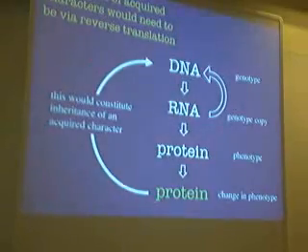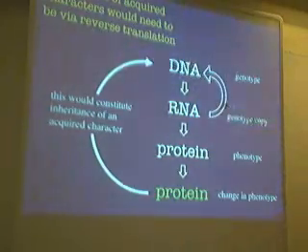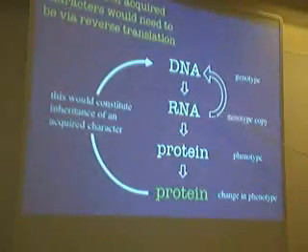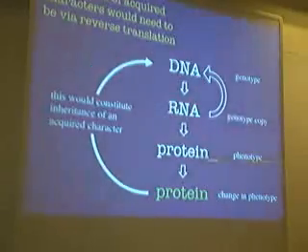Now, it's been pointed out that in order for Lamarckian inheritance to work in the molecular sense, what you would need is something like this reverse translation. So this kind of copying, which we see, that wouldn't constitute a Lamarckian form of inheritance, because all this is a copy of that. It's nothing to do with a characteristic. This is the characteristic here. This is the equivalent of the giraffe's neck.